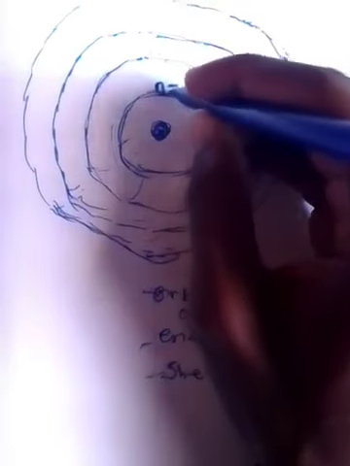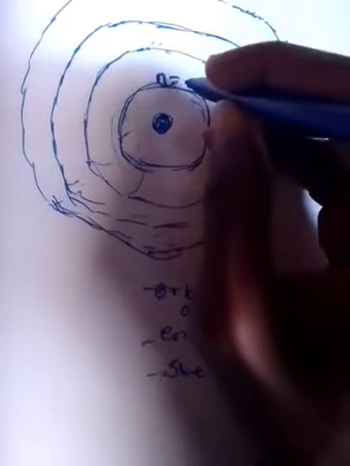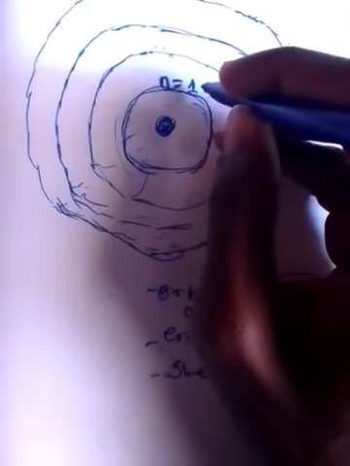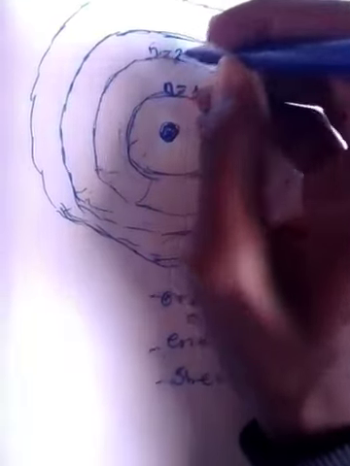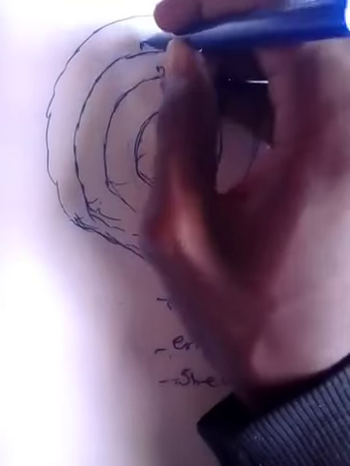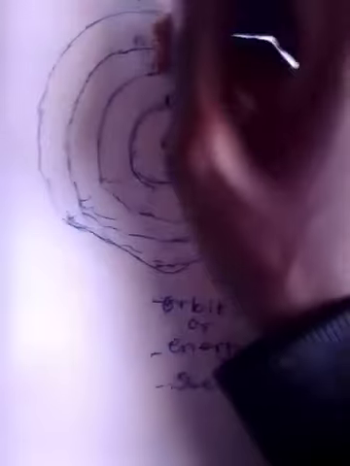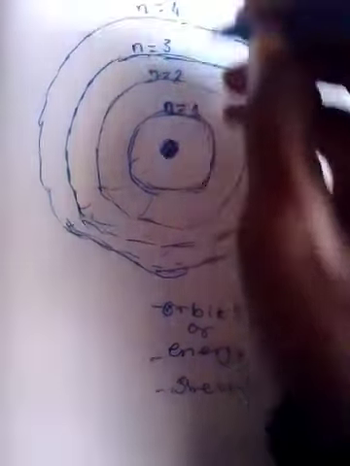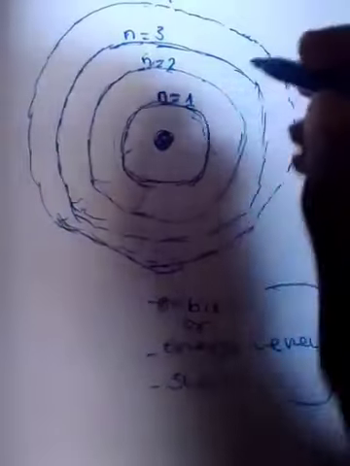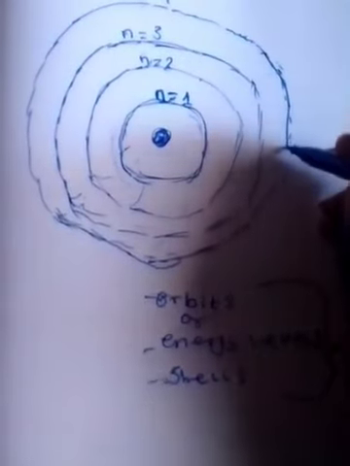So this one is the first energy level, or same orbit, or same shell, which is the first shell, right? This is our second shell. This is our third shell. This is our fourth shell, right? So the electrons are found in these shells.